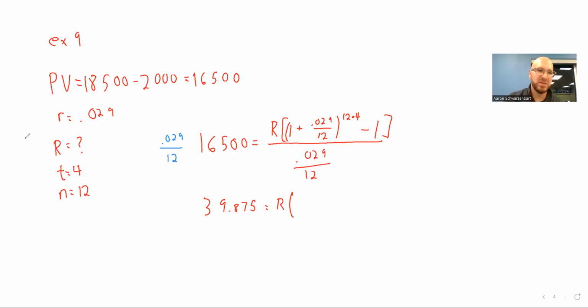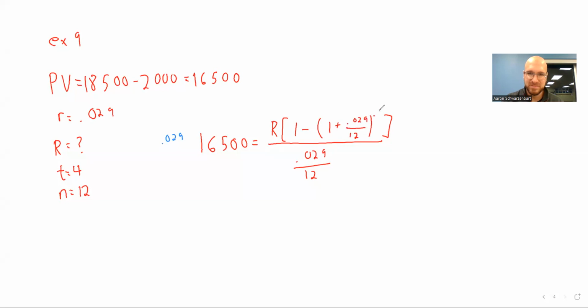Oh, I did multiple things wrong. This is not good. I did it like the other equation. It's 1 minus. And I guess 12 times 4 normally, but I'm going to make that a little later.